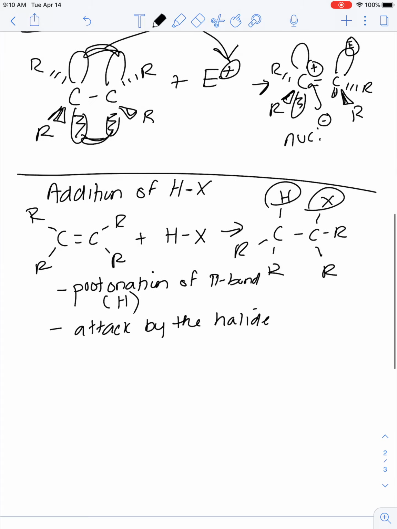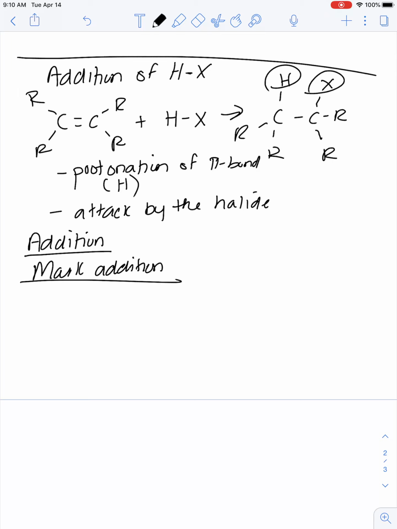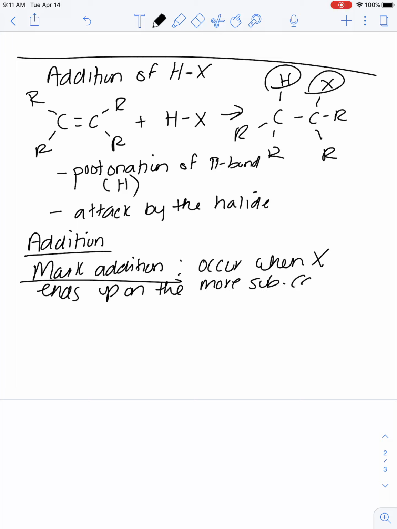So we're going to look at a couple different additions that are possible. The types of additions that we have are going to be the Markovnikov, I'll call this Mark just for short, but this is going to be a Markovnikov addition. So this is going to occur when our halogen ends up on the more substituted carbon from the alkene.